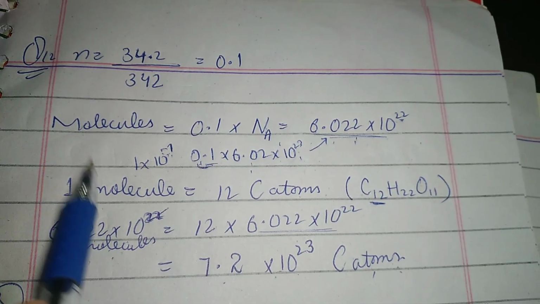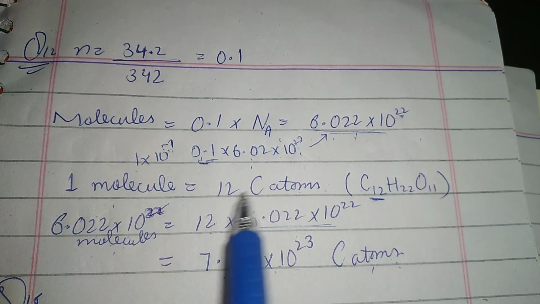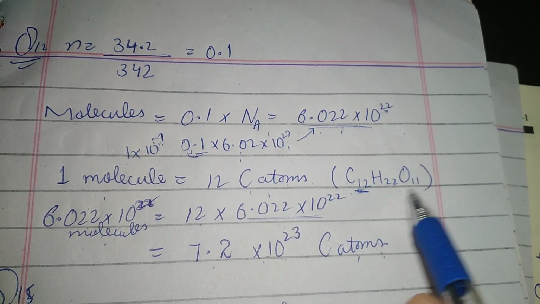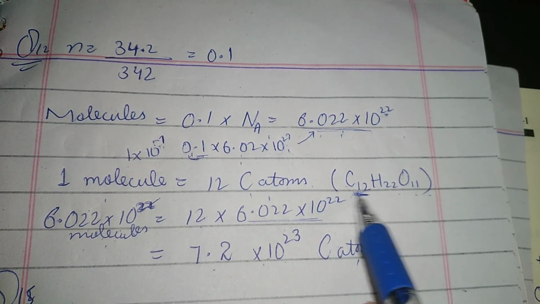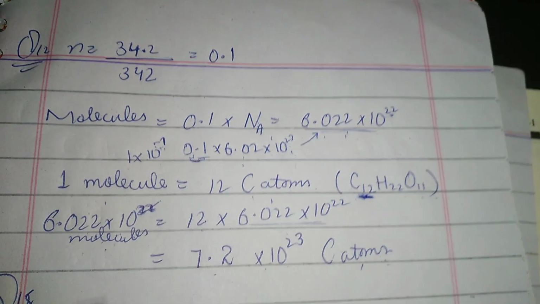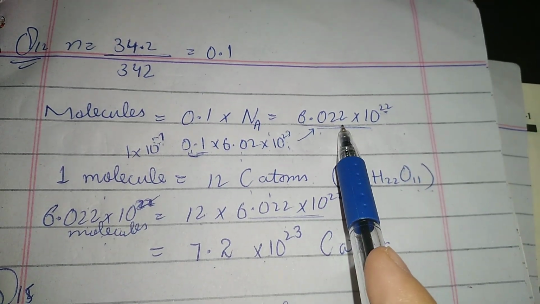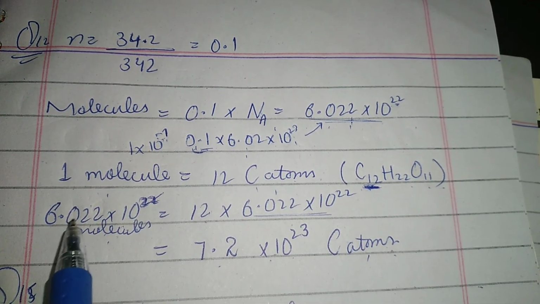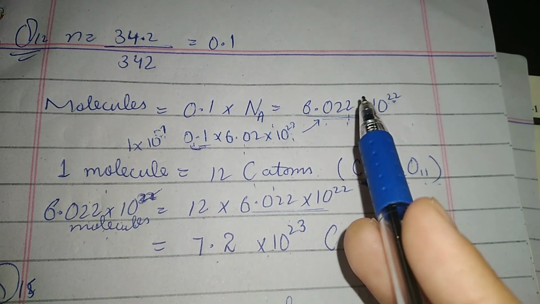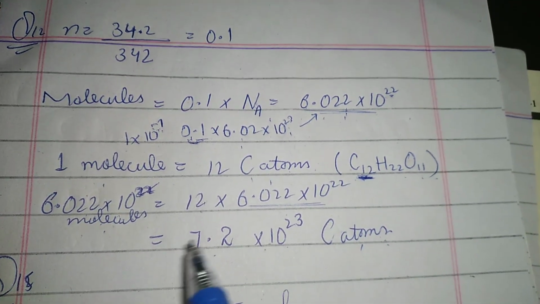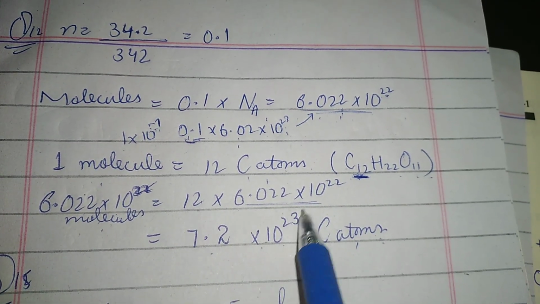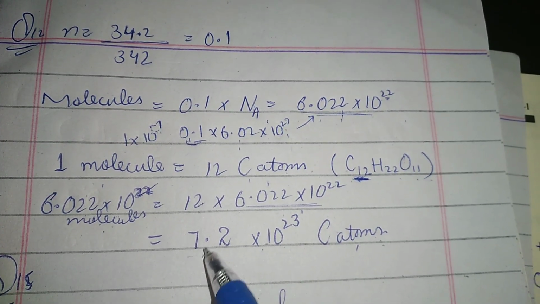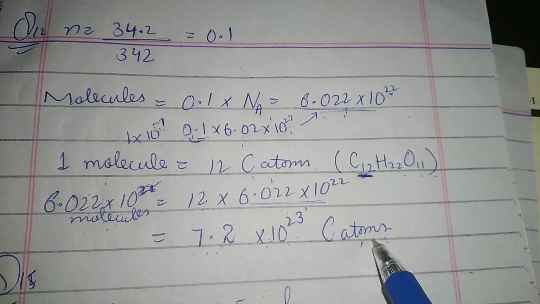Now in one molecule of sucrose, we know that there are 12 carbon atoms, as the molecular formula is C12H22O11. So let's see how many carbon atoms are present in the number of molecules we found. We write 6.022 multiplied by 10 raised to power 22 molecules, and then multiply by 12, and the answer comes to 7.2 multiplied by 10 raised to power 23 carbon atoms.